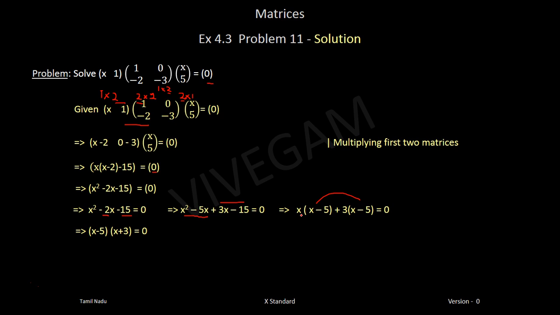Taking it out, it becomes x minus 5 times x plus 3. The product of two factors is 0, so either this is 0 or this is 0. When this is 0, x equals 5, and when this is 0, x equals minus 3. Therefore, the value of x is either minus 3 or 5. I missed writing the solution set; you can write it as {minus 3, 5}. So this is the value of x.